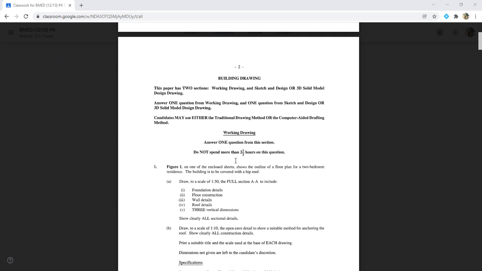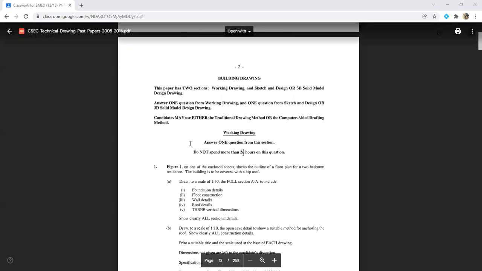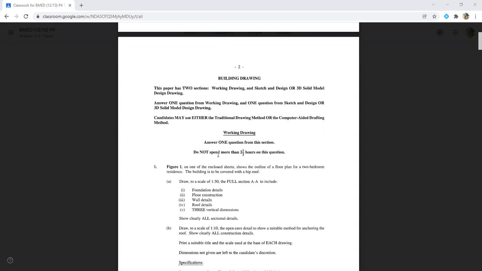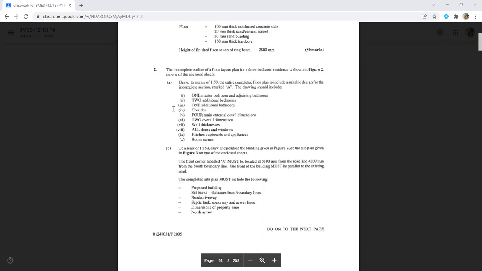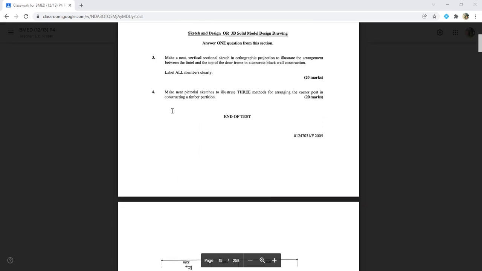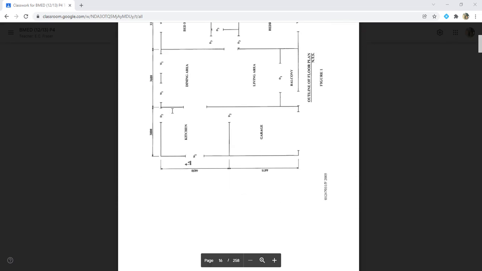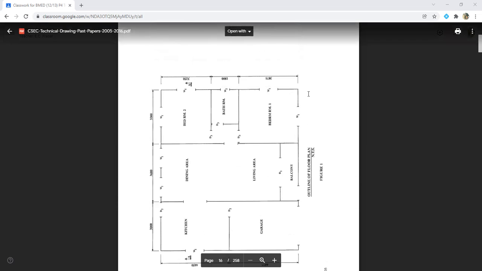All right, so the first thing to do is to analyze the question. Looking here, you will realize there is figure 1. Quickly browse through figure 1 to see what it is.